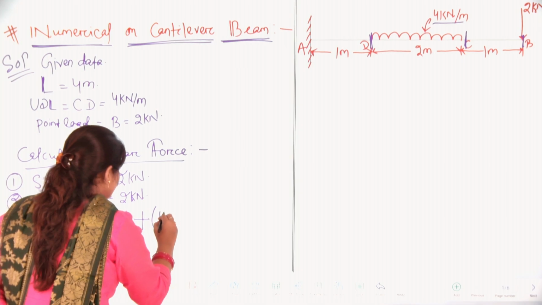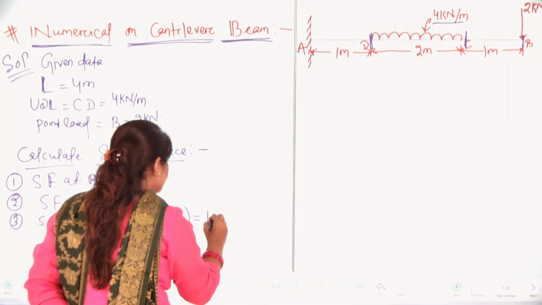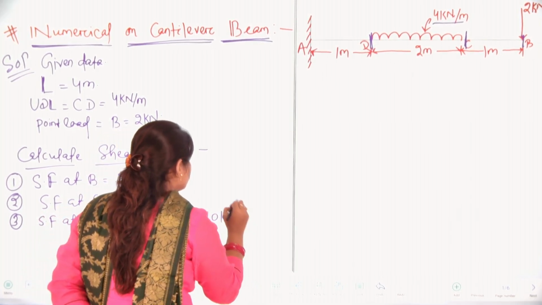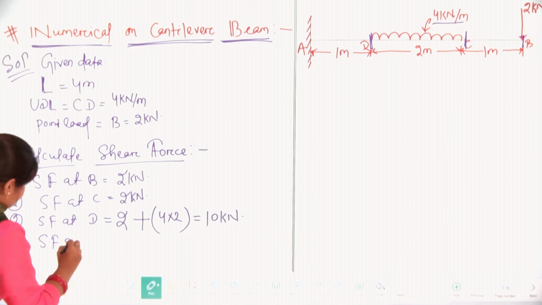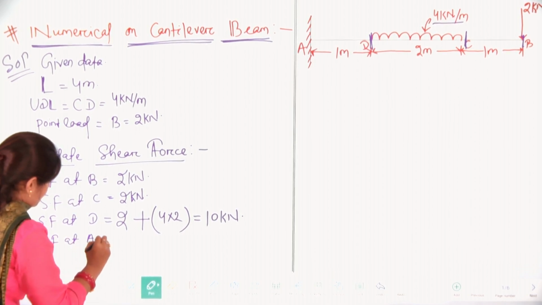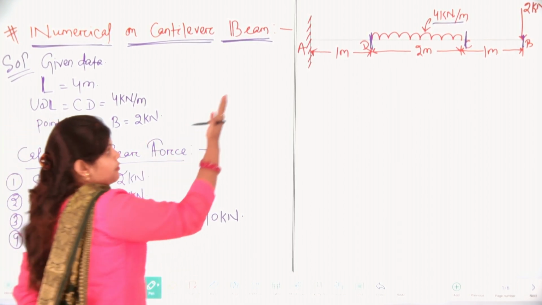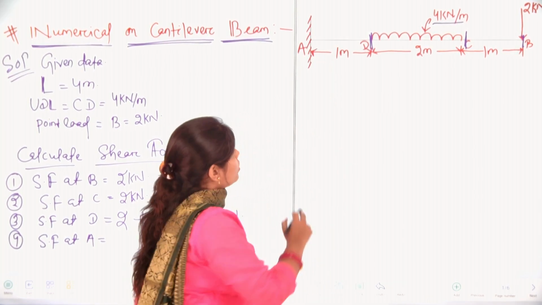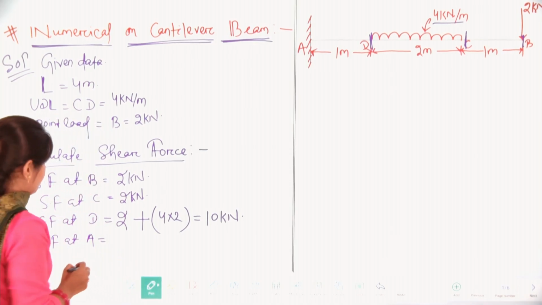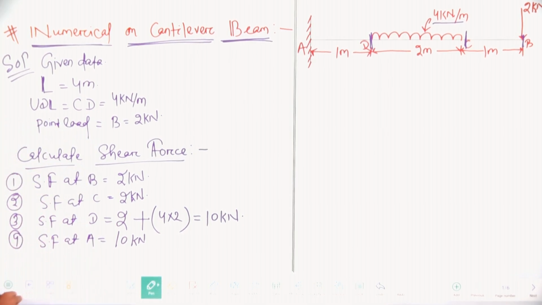Let us multiply 4 into 2, so here you have 10 kilonewton of load. Next, shear force at point A. After D we do not have any other forces, so shear force at point A will be the same, that is 10 kilonewton.